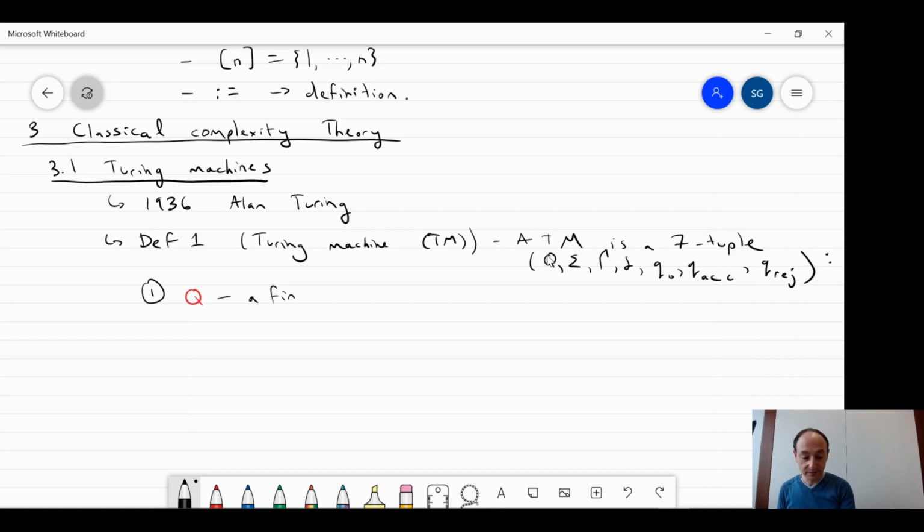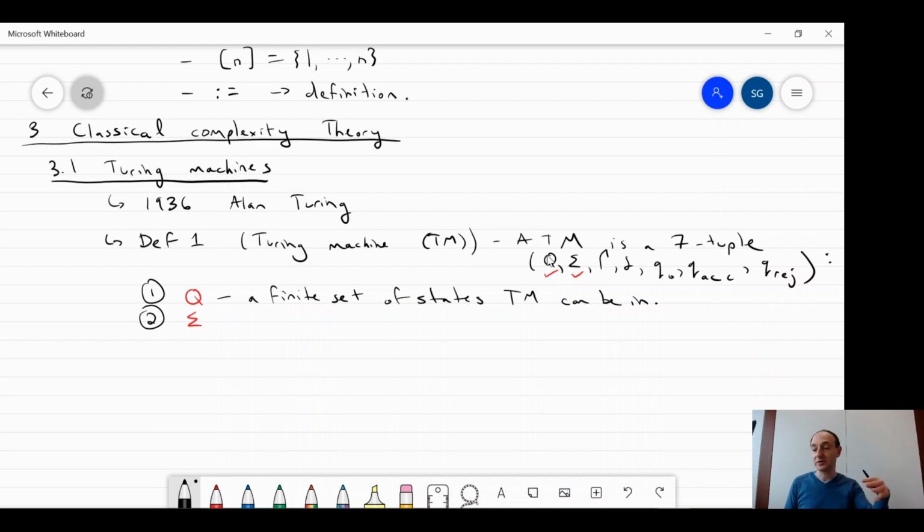First, you need a finite set of states the Turing machine can be in, because ultimately it's a finite state machine. Number 2 is sigma. So first we did Q, now let's do sigma. These are the symbols which the input is allowed to be written with respect to.